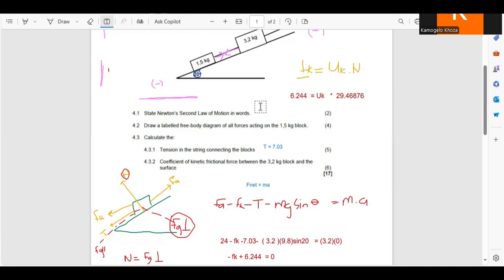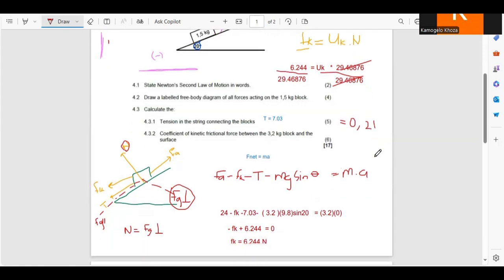Now, because we are looking for mu k, we're going to eliminate this 29,46876 by simply dividing both sides by it. Now, if we do that, these two are going to cancel out with one another, and we're going to be left with the coefficient of friction this side. Now, our final answer, if you punch this into your calculator, you should get your mu k as 0,21. And this would be your final answer.